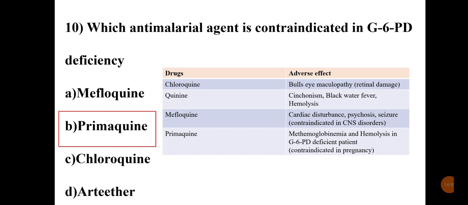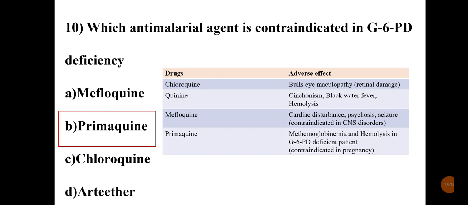So what are the adverse effects of the different drugs? Chloroquine: bull's eye maculopathy, that is retinal damage. The next one, quinine: cinchonism, blackwater fever, hemolysis. Very, very important, hemolysis is there.